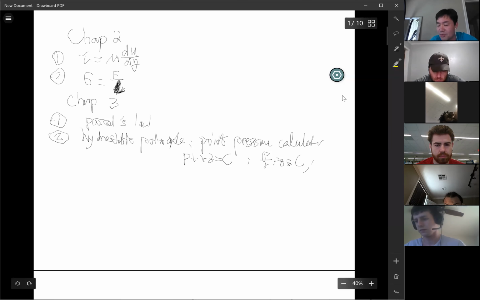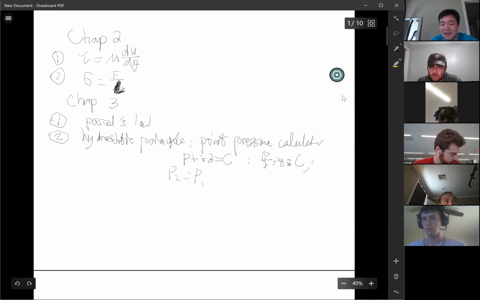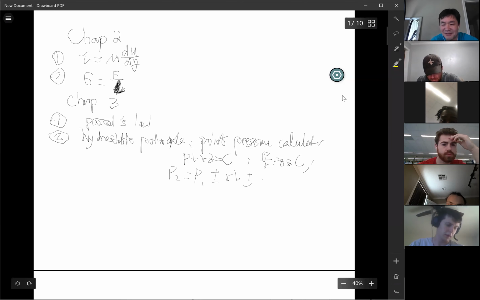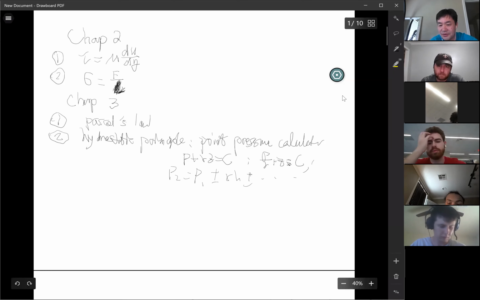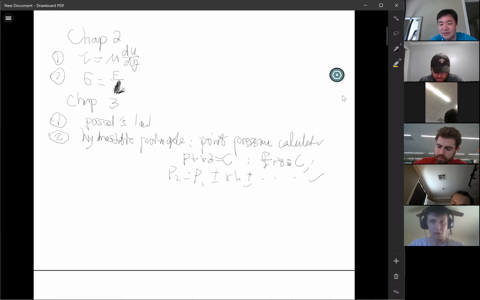Okay, and also we have a shortcut alternative method. Do you remember? If you have multiple fluids in the tube, we start from 1 point, P2 equals P1, then plus minus what? Gamma H, right? Then plus minus how many portions? I want you to review that too. It's a smart way to solve problems.